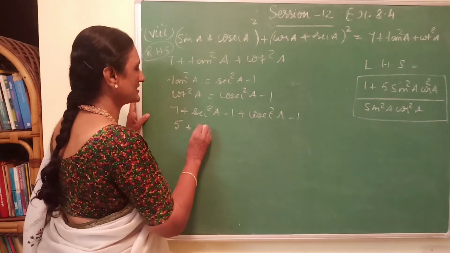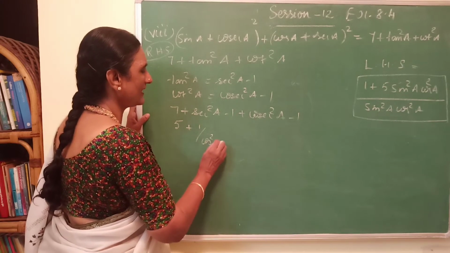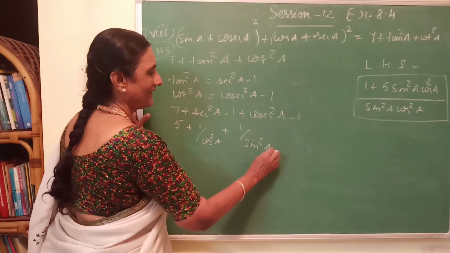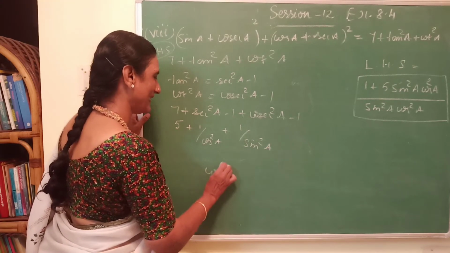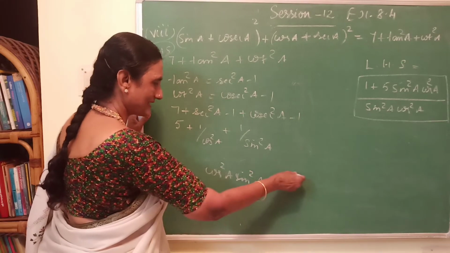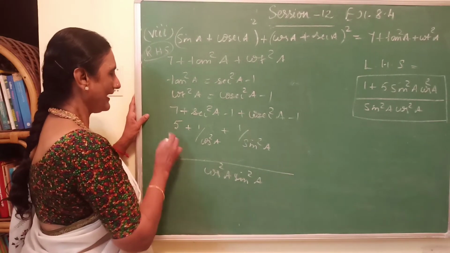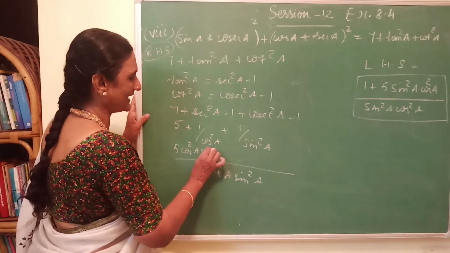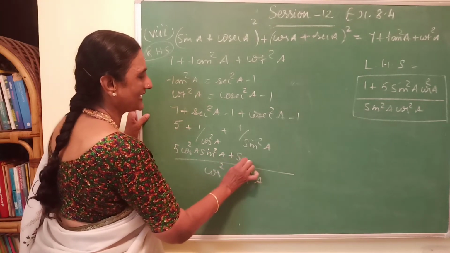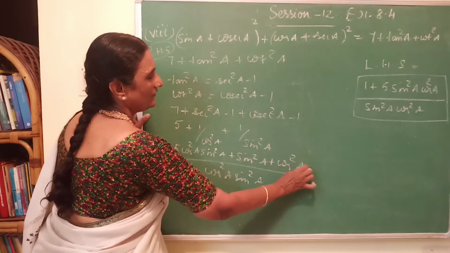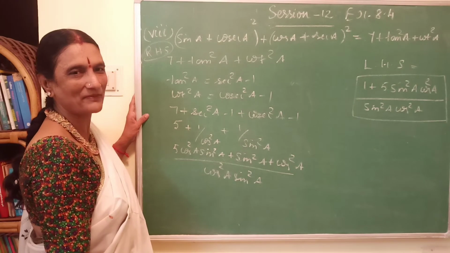And then secant square A is 1 by cos square A plus 1 by sin square A. Now take the LCM, cos square A sin square A, as the common denominator, and this becomes 5 cos square A sin square A plus sin square A plus cos square A. We all know what sin square A plus cos square A is.